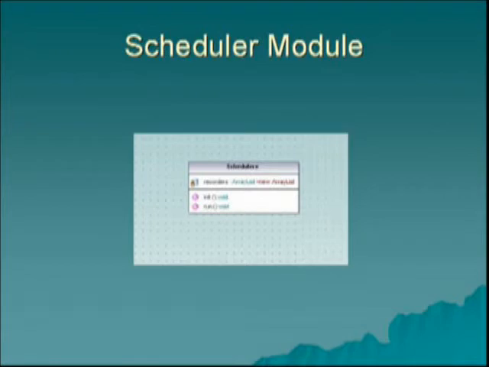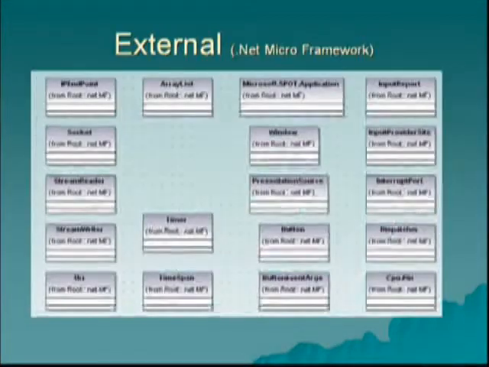In the scheduler module, there is just one class, scheduler, to run and schedule recorders. Finally, the external module, or .NET Micro Framework, which we use to create our system.